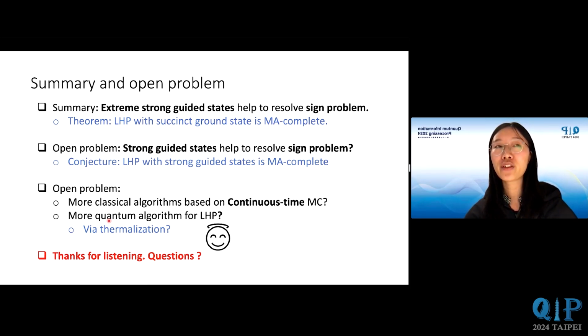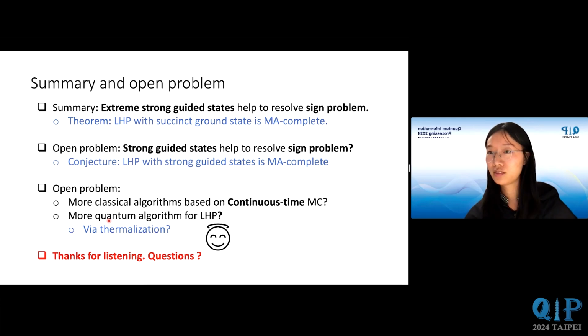I realize it's very different to test the ground energy and to test other eigenstates. If you can test the eigenstates for arbitrary eigenvalues, I feel you will break some complexity result. Thank you.